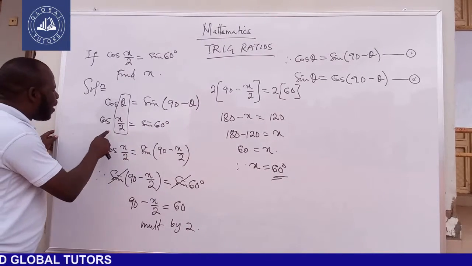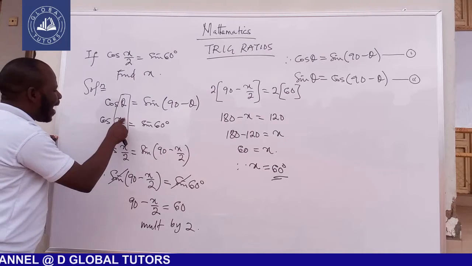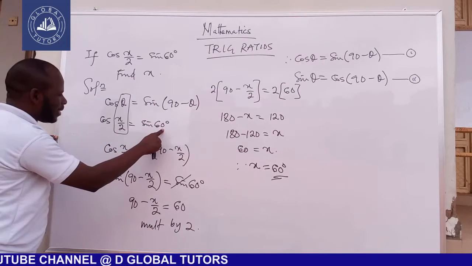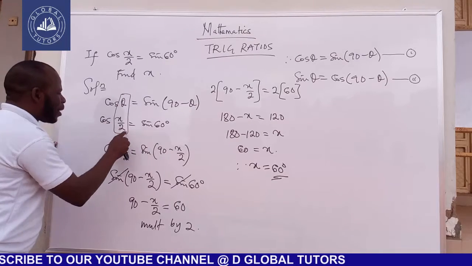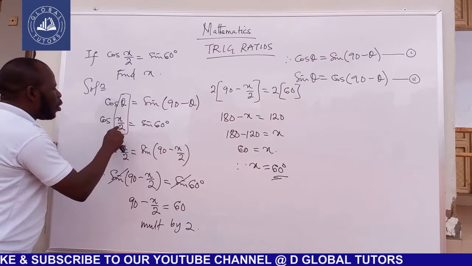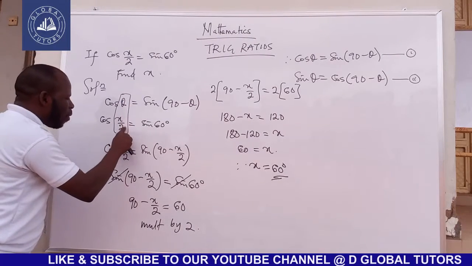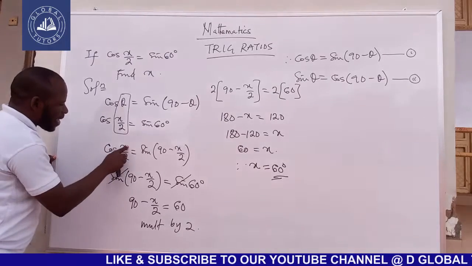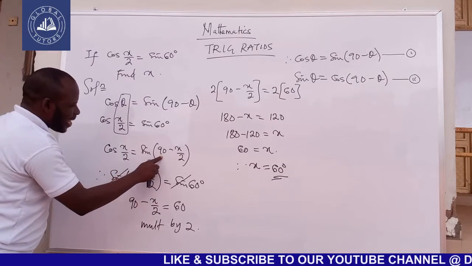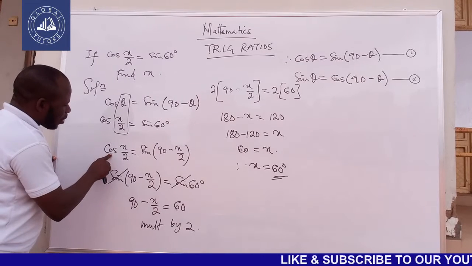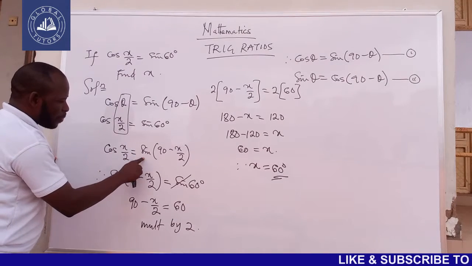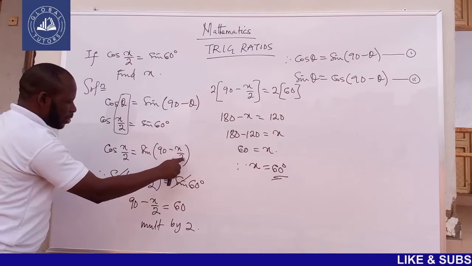So you have the question, cos x over 2 equals sine 60 degrees. Now, what do we know? Everything here becomes theta. So you can replace theta with x over 2. So it means cos x over 2 is sine 90 minus x over 2. Meaning anywhere I see cos x over 2, I can put sine 90 minus x over 2.